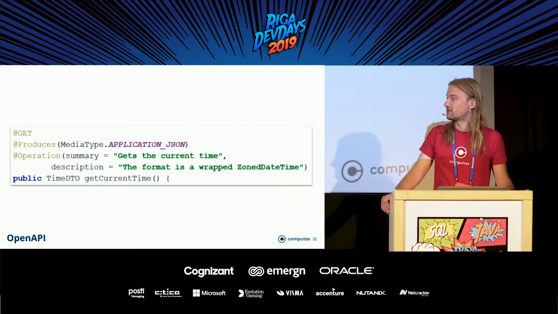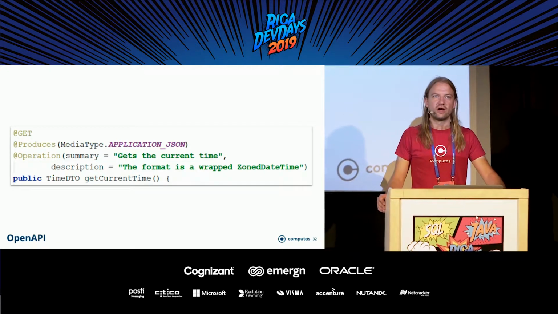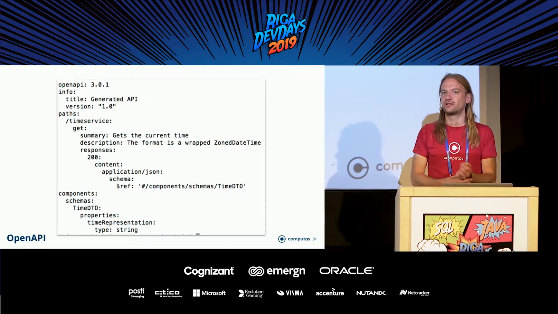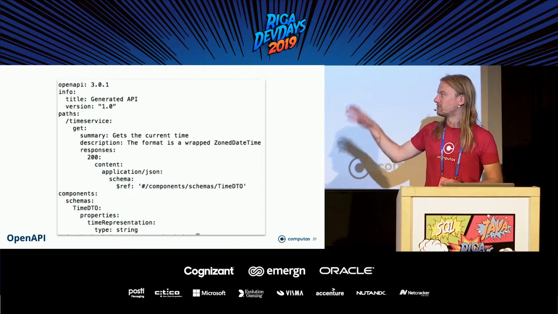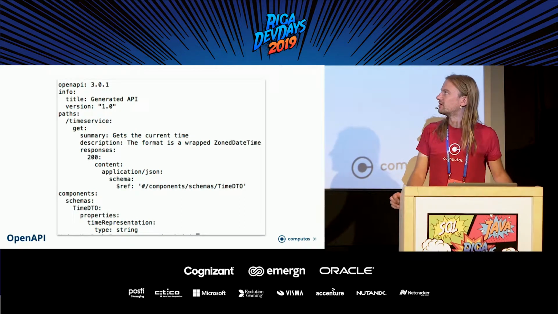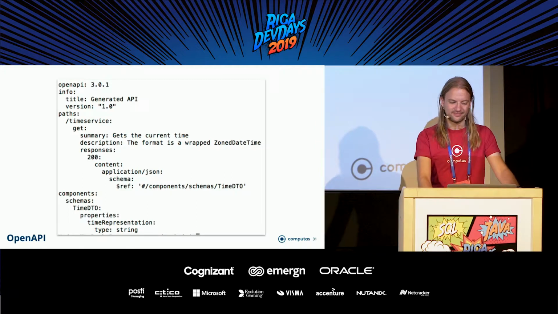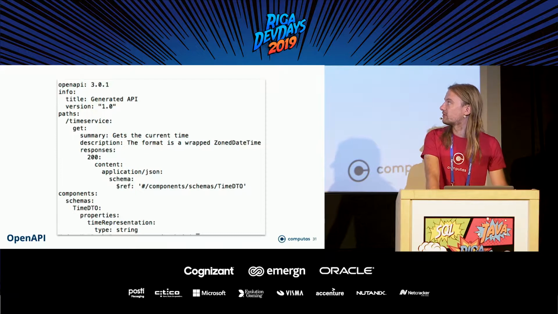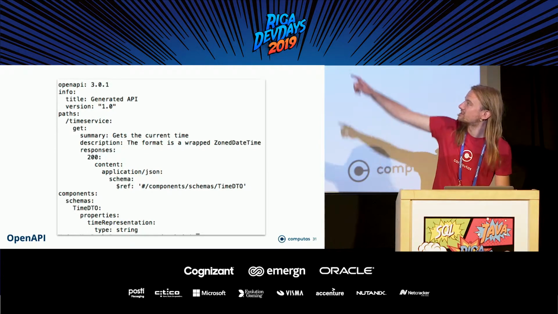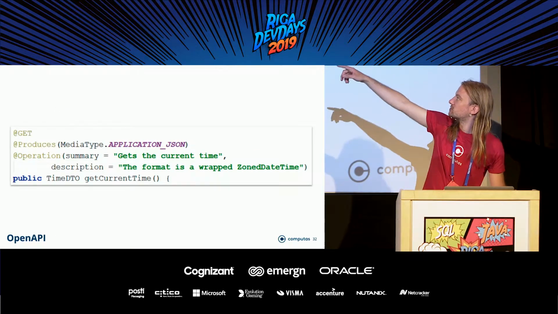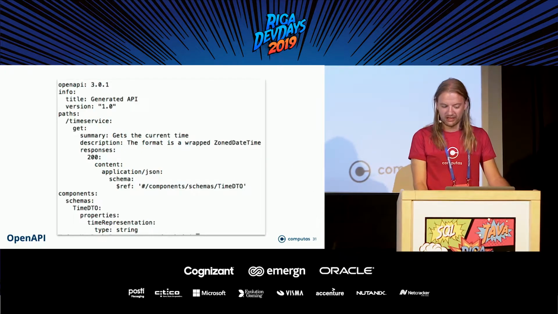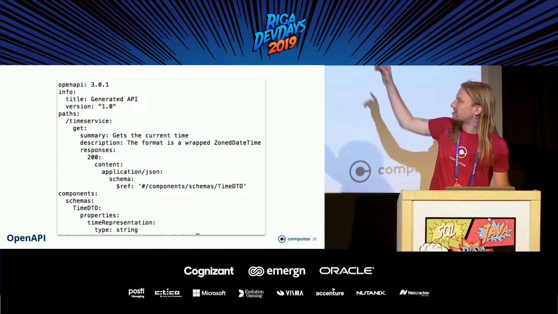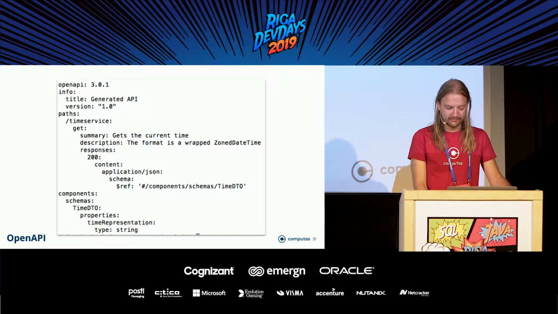This is a format that you can plug into Swagger UI or any UI frontend, so that it's much more human readable than this. But this is the raw version that is exposed, and you get it pretty much for free. You just need to specify the text. So you see the summary in the middle here, gets the current time, description, the format is wrapped zoned date time. Those are the only things you need to specify. The rest comes for free.